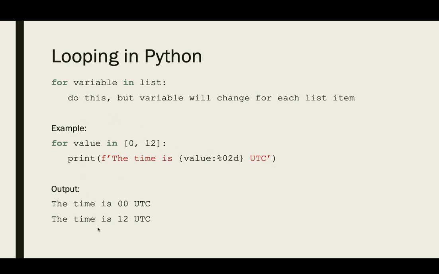And so this example would print out this exact output. The time is 00 UTC. So first, value takes the value of 0 and uses that in this print statement, gets to the end, goes back to the beginning, iterates to the next value, 12, and then the time is 12 UTC. And that's how we get our looping in Python.